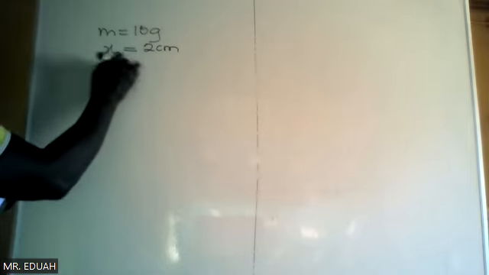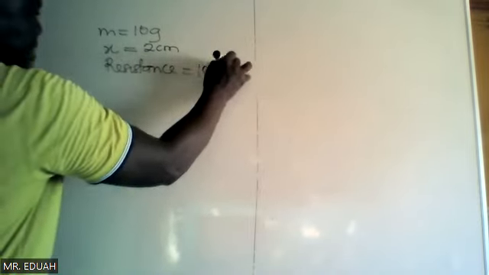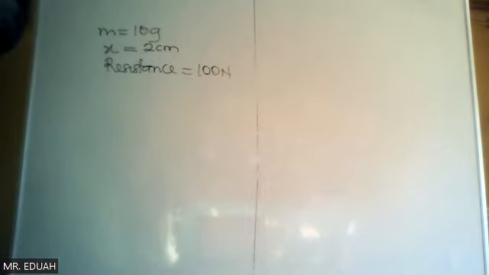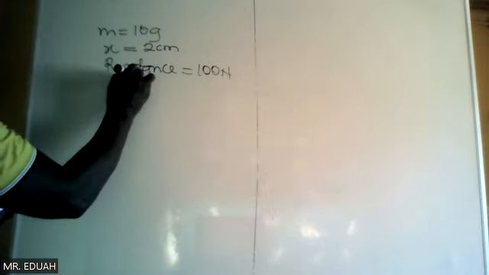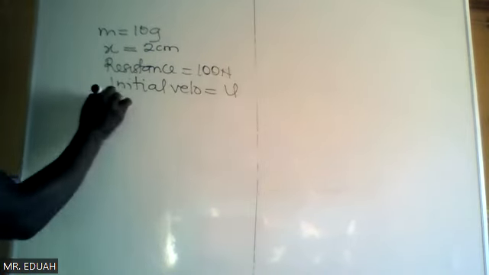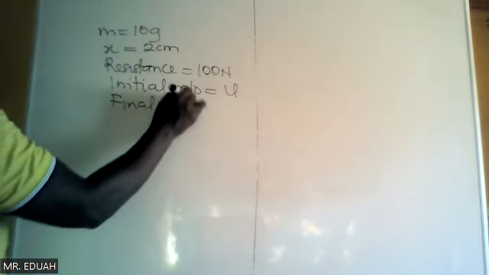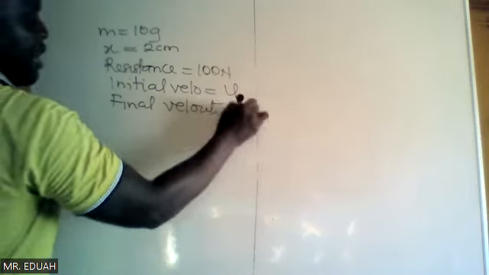The average resistance offered is 100 Newton. Then the velocity with which the bullet hits the target, the initial velocity, is U. Since the target resists the bullet, the final velocity must be 0.